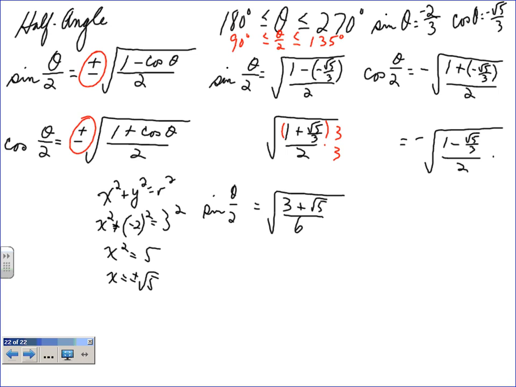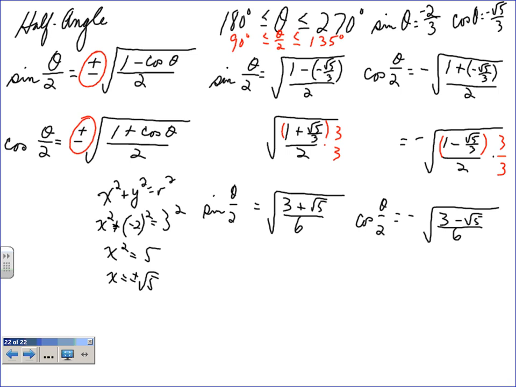And what am I going to multiply by? 3 over 3. So I have negative square root of 3 minus the square root of 5 all over 6. And this is the cosine of the half angle. That's how you use that.